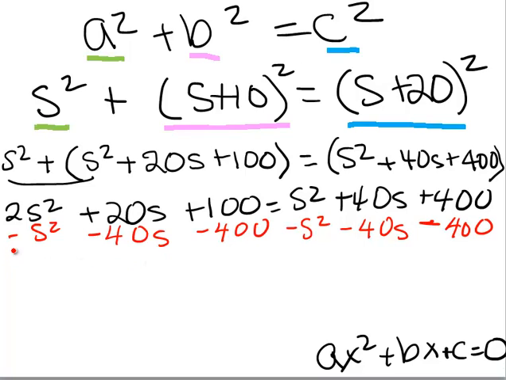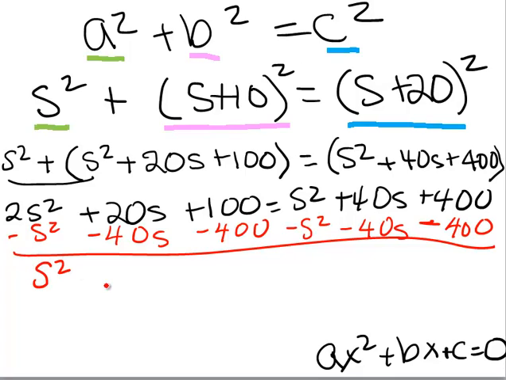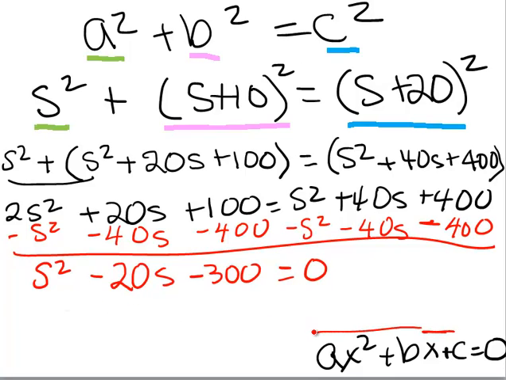And that's going to give me a new format. 2s minus 1s, that leaves me s squared. That's minus 20s, and that's minus 300. And that all zeroed out. And now this looks like this, right?